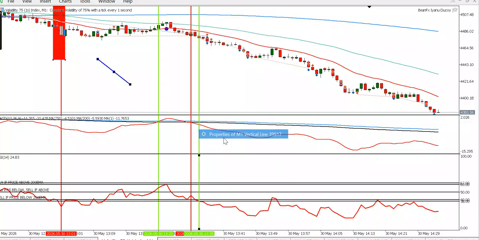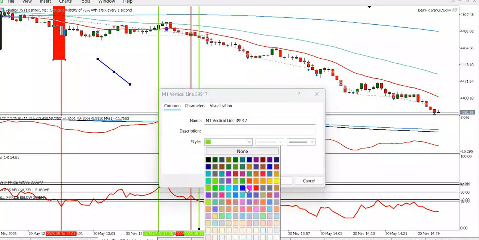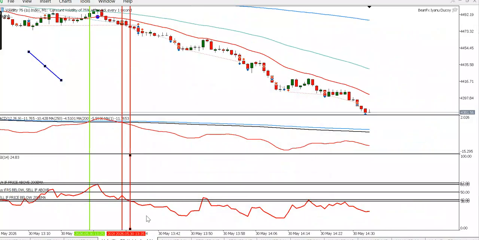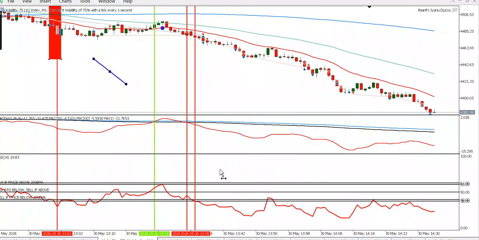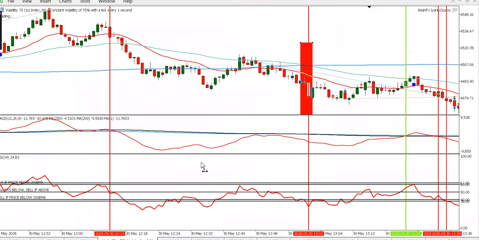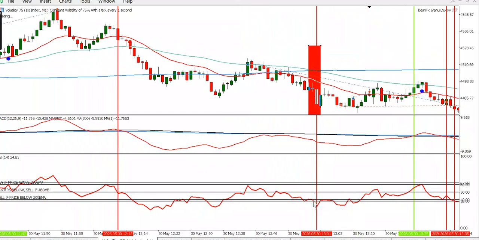This is your sell signal. It also crosses below here, sell signal. Anytime it crosses below, sell signal. This sell signal, this is another sell signal.